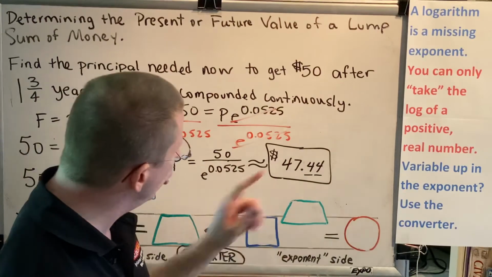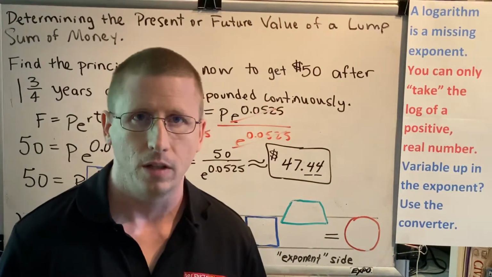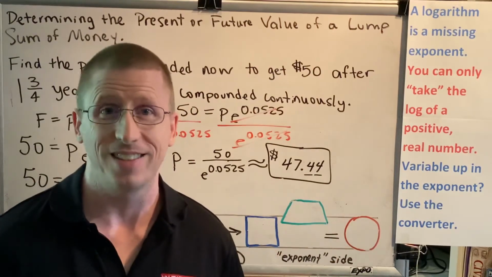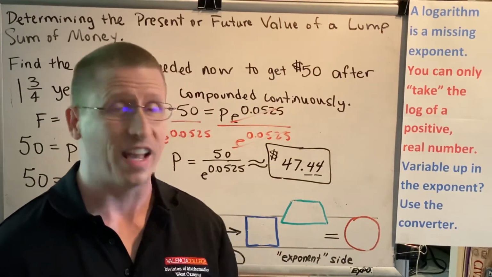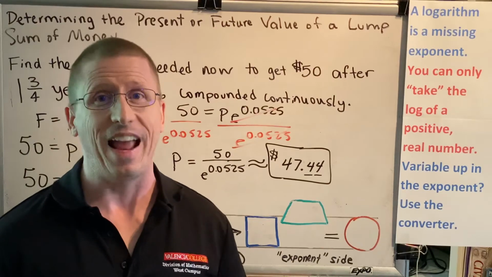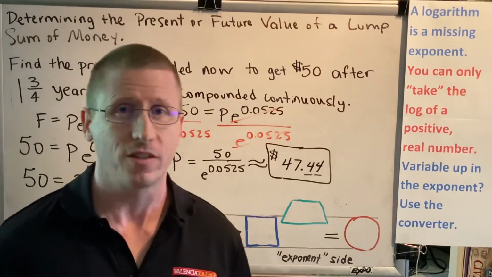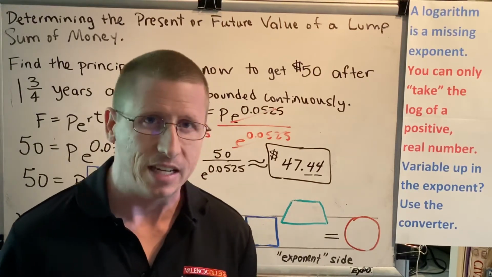You will have made $2.56 in 21 months. I can make $2.56 in 21 minutes if I just get in a car and go out and ask people for money.